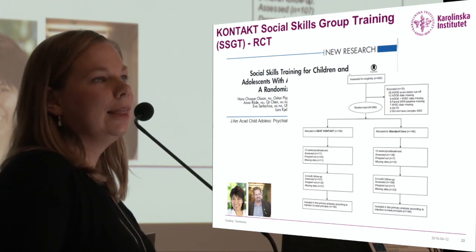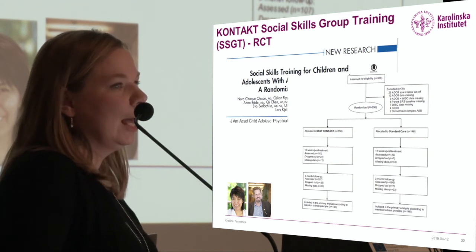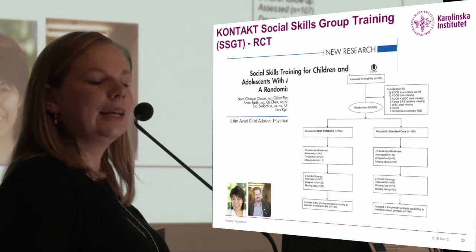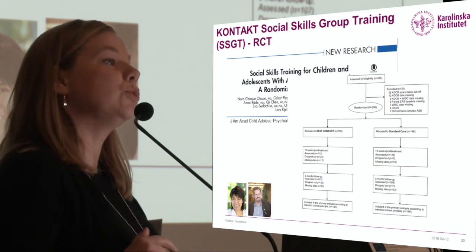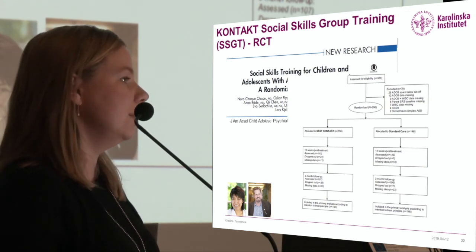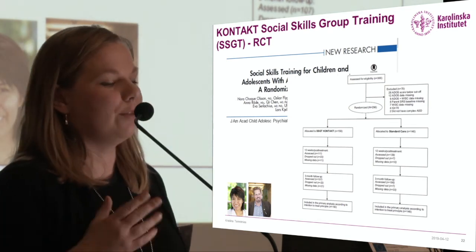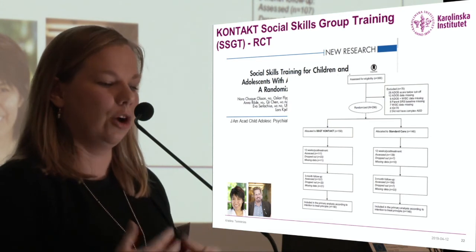In this, they included patients that had an IQ higher than 70. And they had ASD with at least one comorbidity, so they had ADHD, depression, anxiety as a comorbidity. So it's not ASD only.